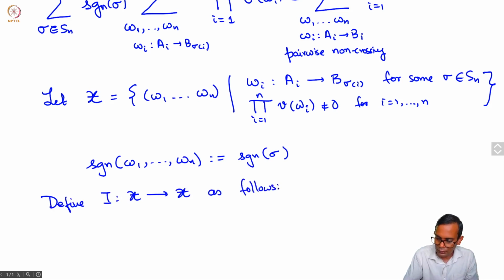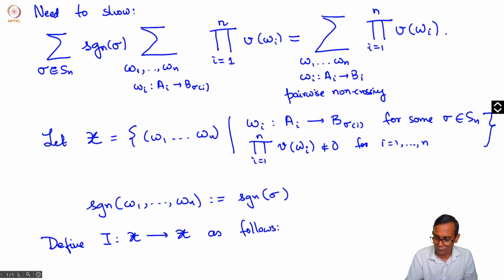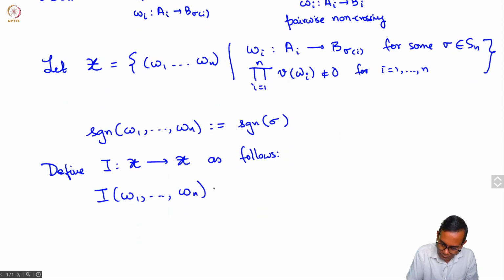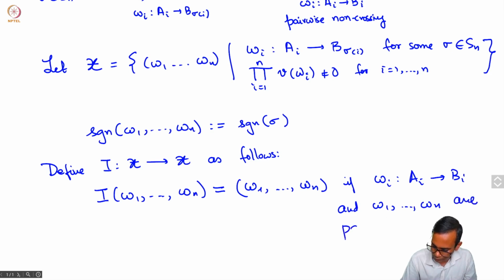Firstly, if omega_1 to omega_n contribute to the right hand side of this equation, we will define I to just be the identity map. So these will be fixed points: I of (omega_1, ..., omega_n) is equal to (omega_1, ..., omega_n) if omega_i is from a_i to b_i and omega_1 through omega_n are pairwise non-crossing.